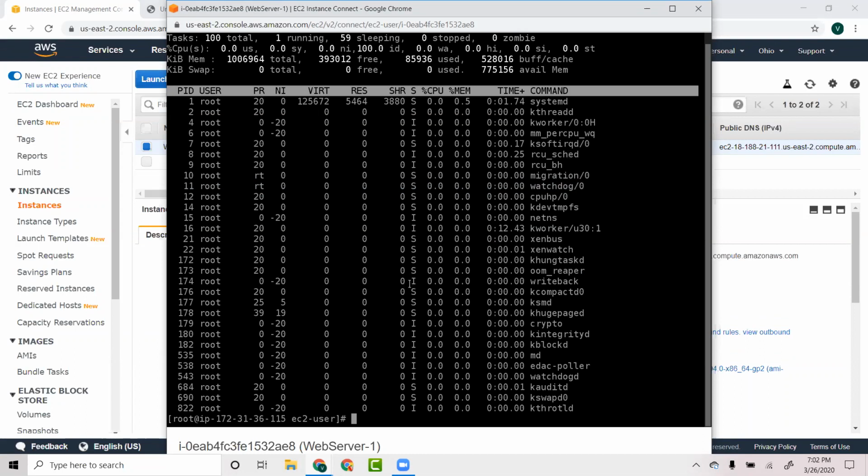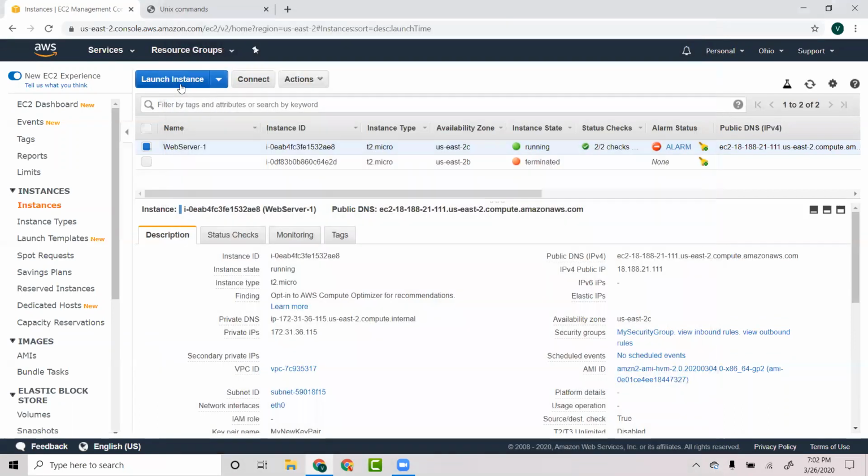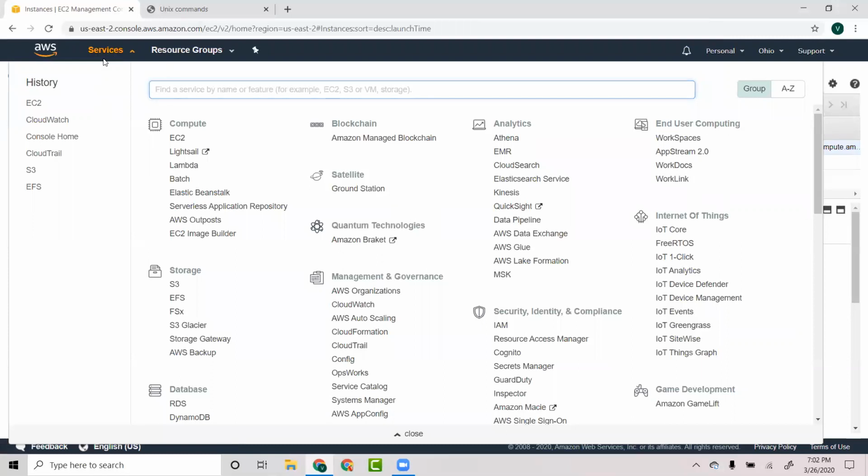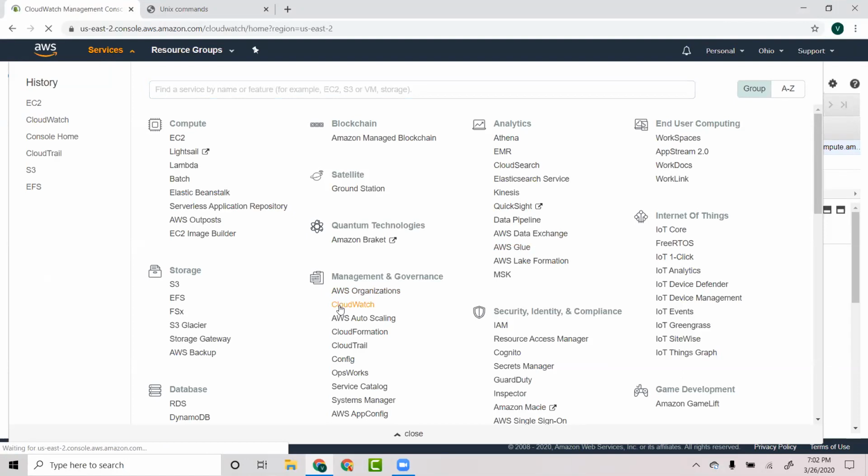So, Venkat, question. Yes. In the alarm dashboard, there were 3 different statuses. One we tested, alarm, and we also looked at okay. The other one was insufficient data.